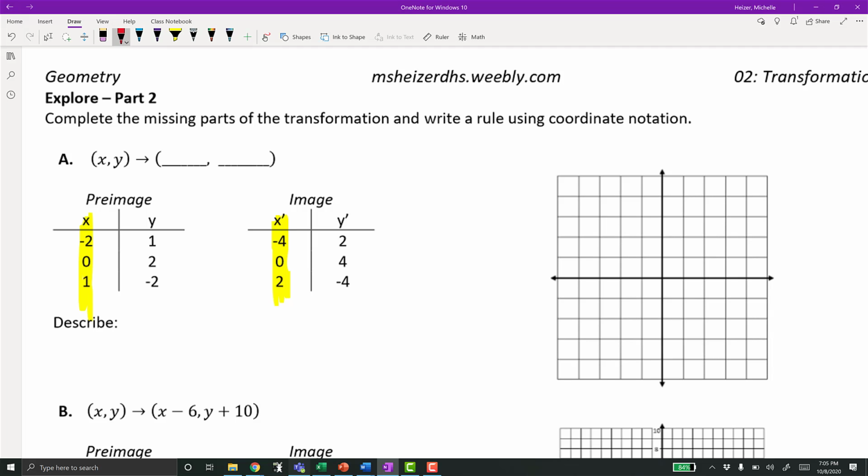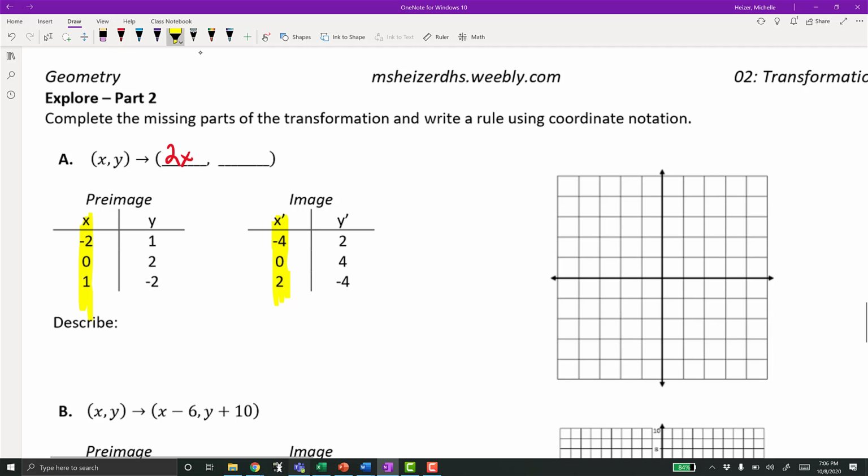When I look at them, I notice that all of these are multiplied by 2. Negative 2 to negative 4 is times 2. 0 times 2 is 0. 1 times 2 is 2. So we could call this 2x, because we're just multiplying x by 2.